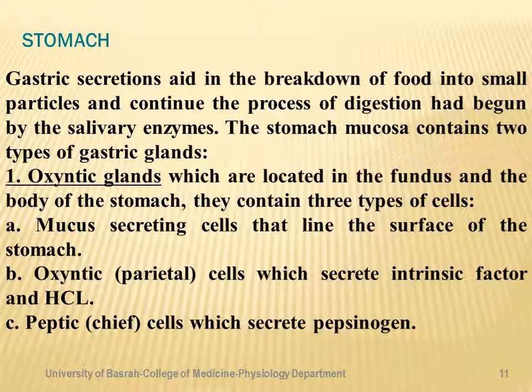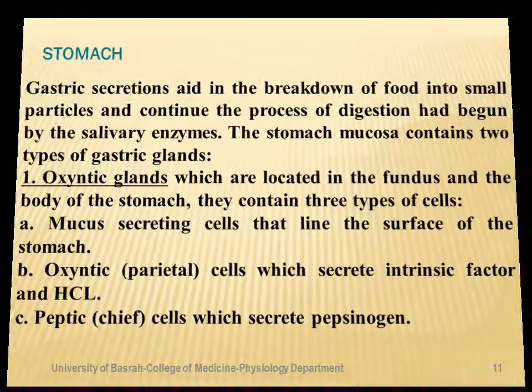The oxyntic glands are located in the fundus and the body of the stomach, and they contain three types of cells. First, mucous secreting cells that line the entire surface of the stomach. Then the oxyntic, or parietal, cells, which secrete intrinsic factor and hydrochloric acid, and the peptic, or chief, cells, which secrete pepsinogen.